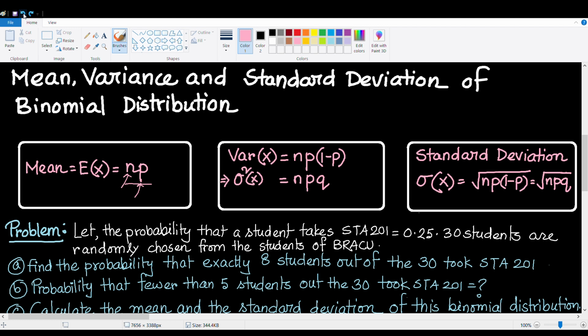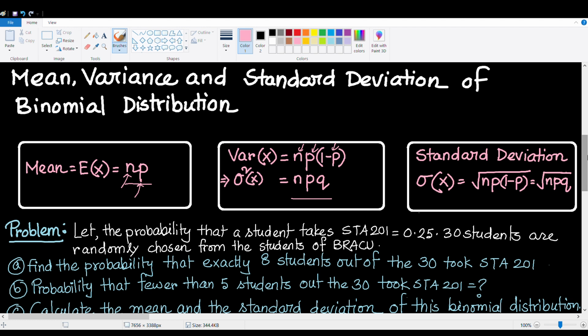So variance of a binomial random variable is the product of the total number of experiments and the probability of success in a single experiment and the probability of failure in a single experiment, which can also be written as npq. Standard deviation is simply the square root of the variance. Therefore, the standard deviation is root over np times 1 minus p.